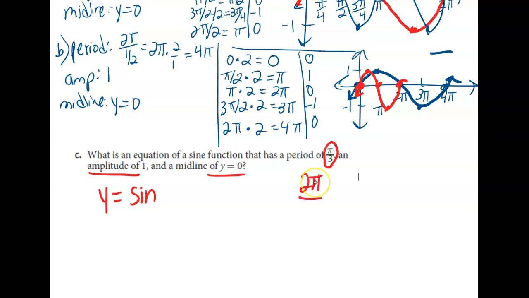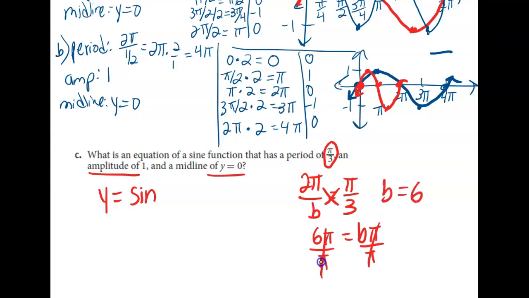I know 2 pi over b is equal to my period. So I can cross multiply to solve for b. I've got 3 times 2 gives me 6 pi, b times pi, and then we can divide those pi's out. So we get b would be 6. This would be 6x.